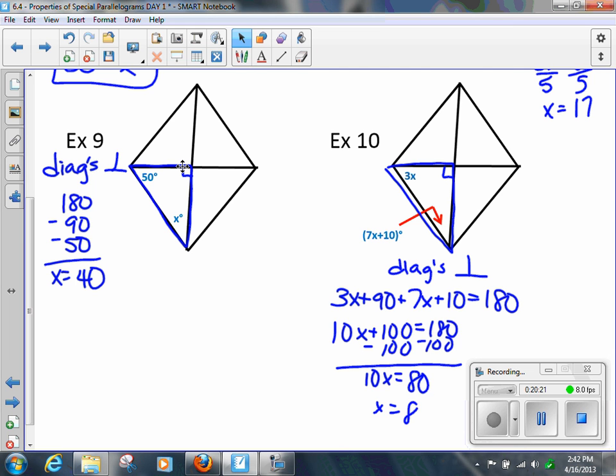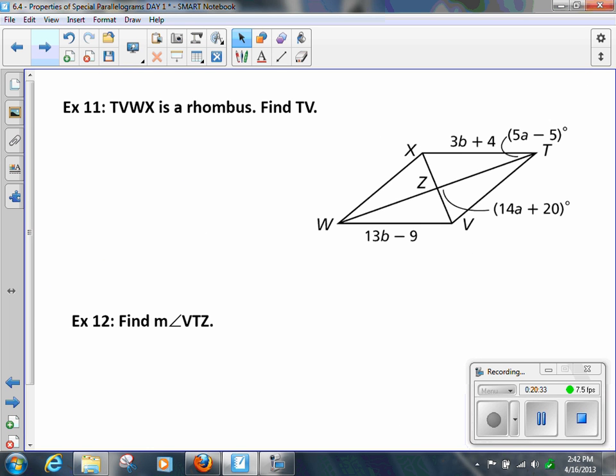How many of you got 40 for example 9? How many of you got 8 for example 10? Easy or difficult? Easy. Let's keep going.